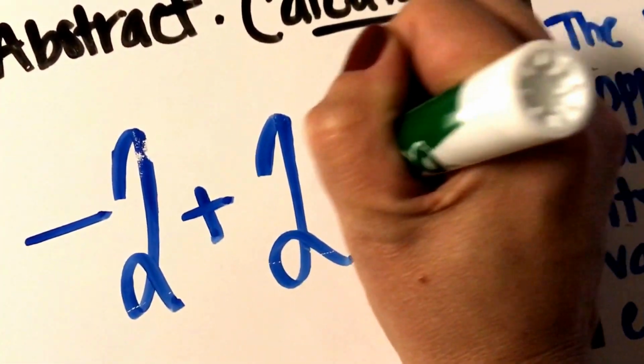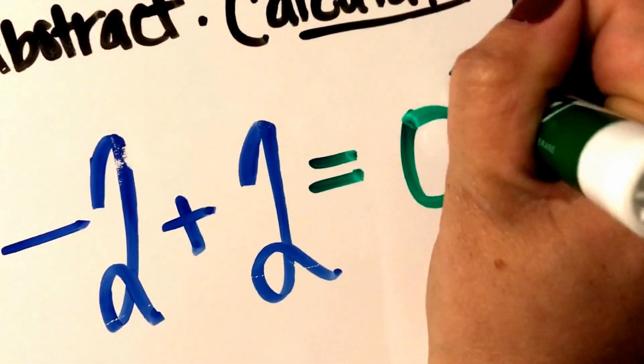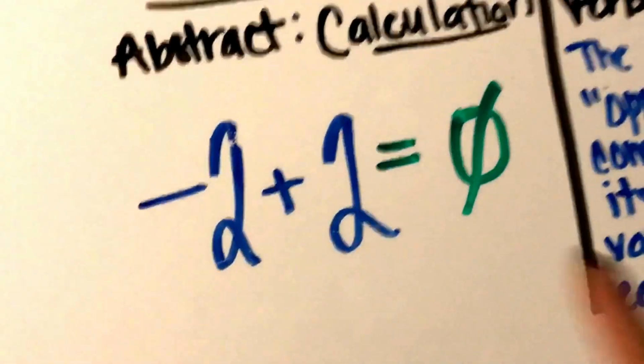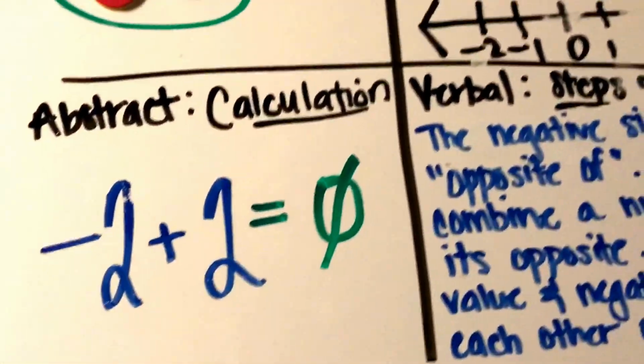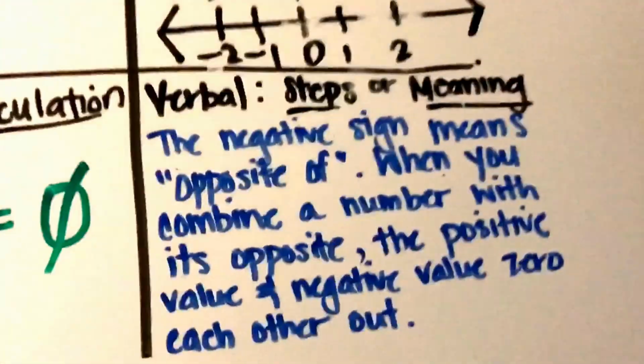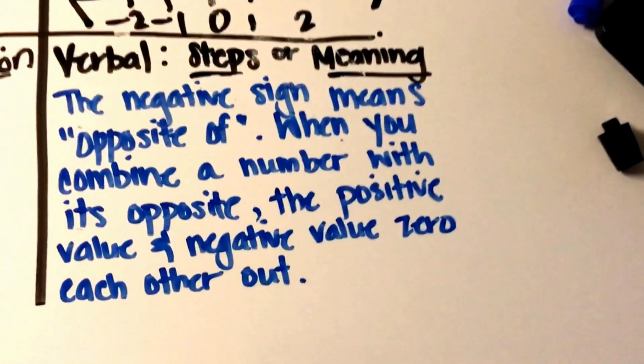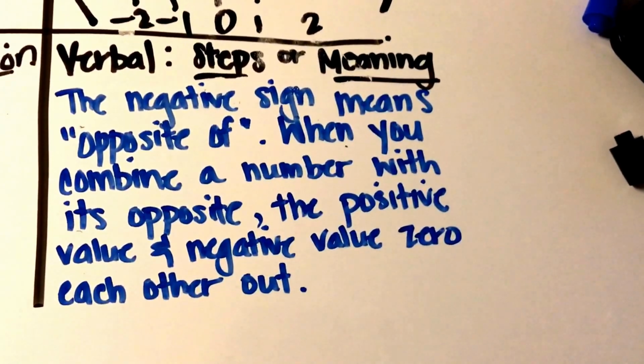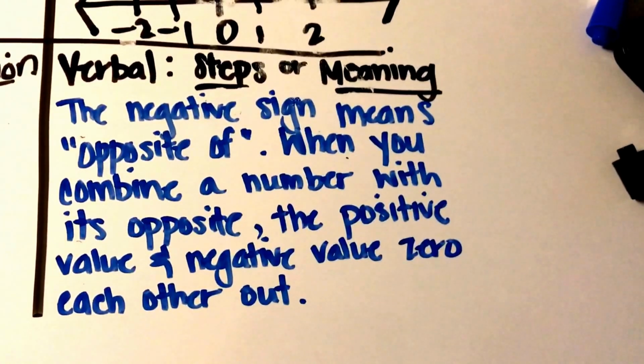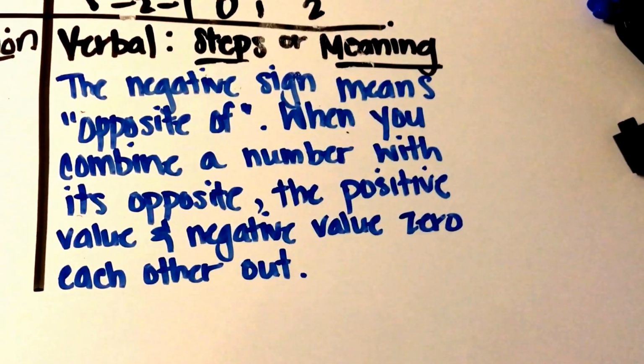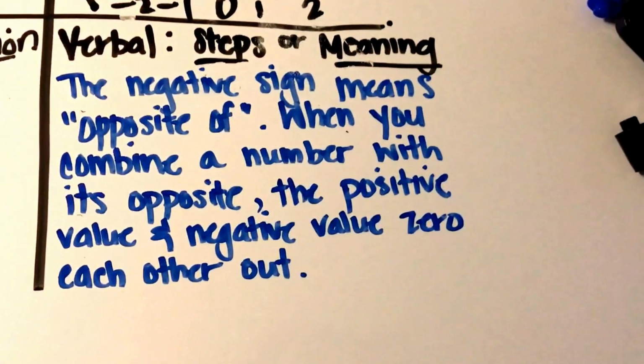This is me telling you rules that you don't know yet. We'll get to that. But negative 2 and positive 2 makes a 0. And then my verbal representation, the negative signs mean opposite of. When you combine a number with its opposite, the positive value and the negative value zero each other out.